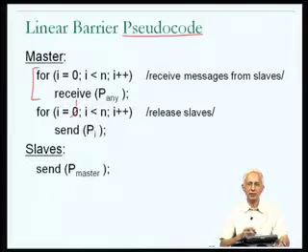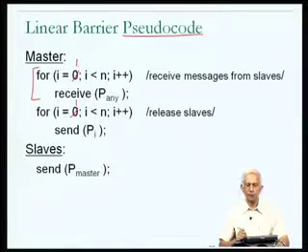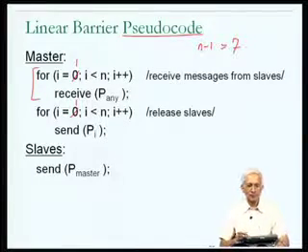It doesn't send to, in our example, the process that is not participating in the barrier itself. So this should also be corrected to 1. Each of these loops is executing n-1 times, where n-1 is equal to 7. So then the master process sends a message to each of the slave processes.